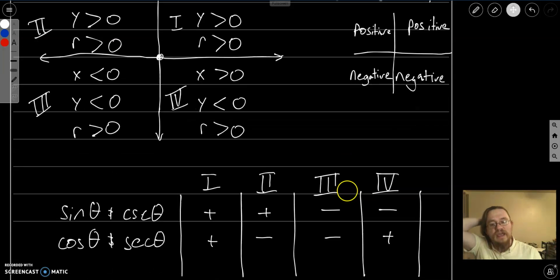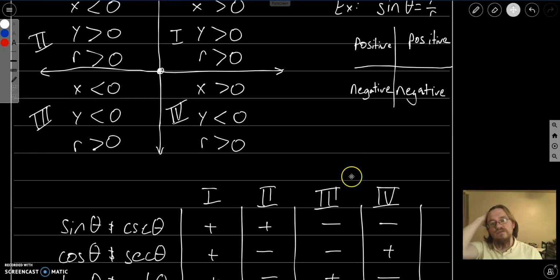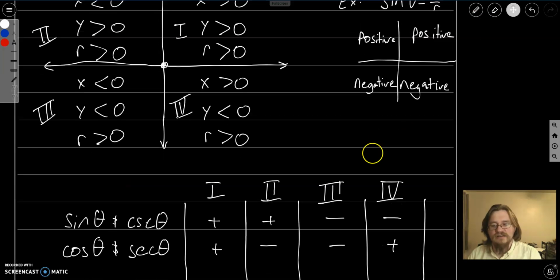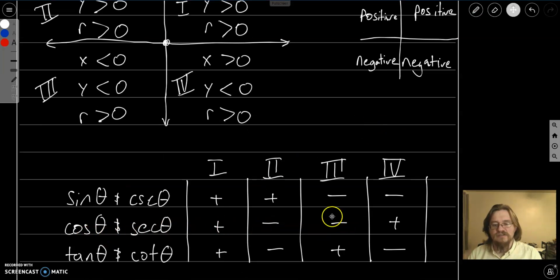And when you go through and look at all the different combinations, for instance, cosine is going to be x divided by r. So down here in quadrant 4, x is positive, r is positive. Or in quadrant 3, x is negative and r is positive. So we can see that if we're in quadrant 3, cosine is going to be negative because we have a negative number divided by a positive number.